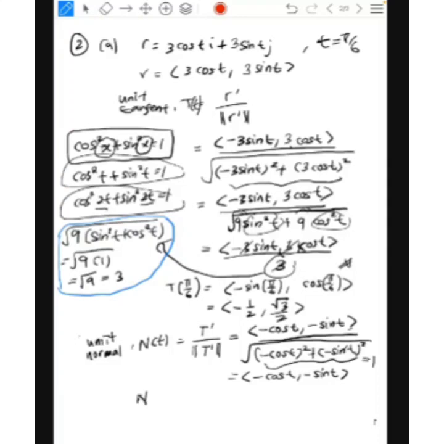So the n pi over 6 will be negative cos pi over 6 and negative sin pi over 6, which is sama juga lah macam tadi tu. Kalau cos is square root 3 over 2, square root 3 over 2, and then sin is 1 over 2, negative 1 over 2.